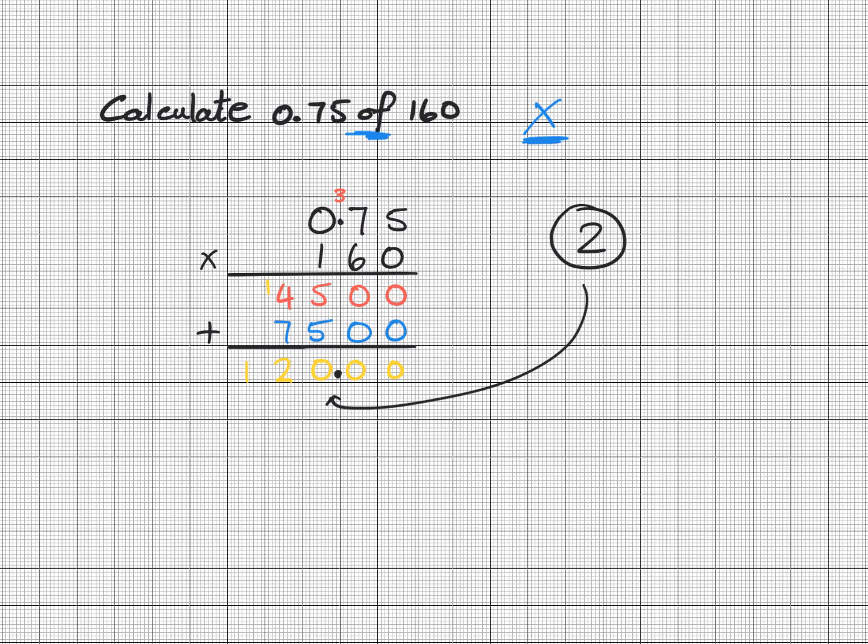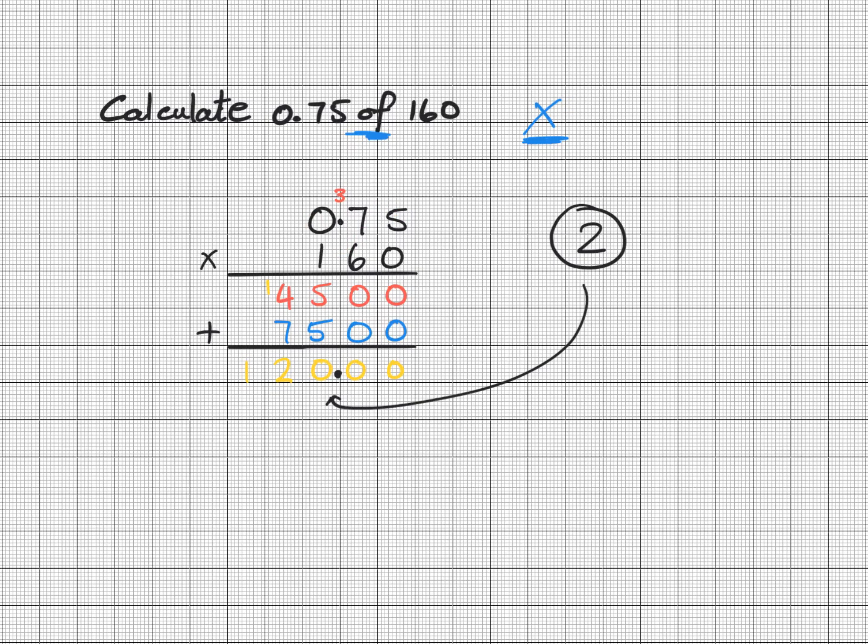Okay, well here we go. I've set out the sum. I've got 0.75, which is that number there, of, which is the same as multiplication, so times by 160. So I've set my sum out, and all I've done is I've solved this little multiplication. Now, I haven't included a row of zeros, because you don't have to, so I've gone straight to the tens, and there's my 6, but there's my 0, so I've multiplied out.